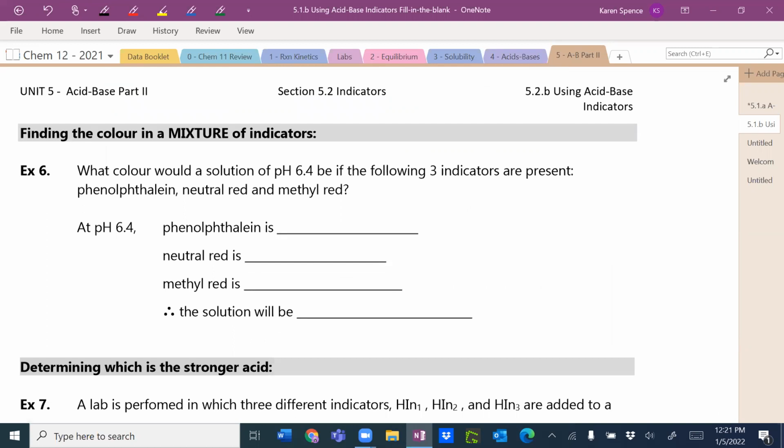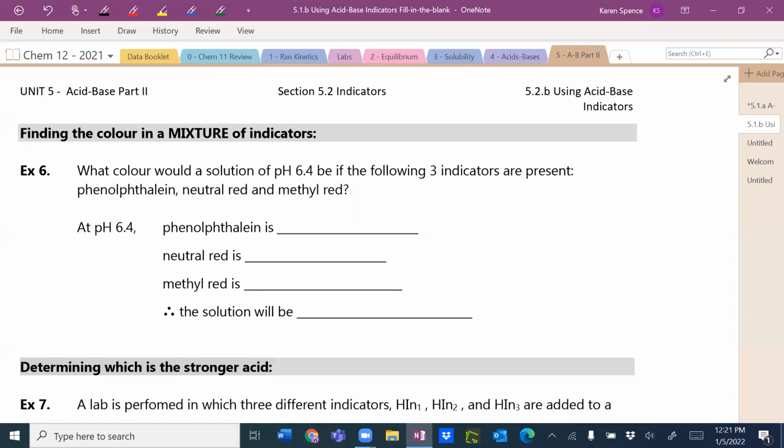Okay, finding the color of a mixture of indicators. All right, so what color would a solution of pH 6.4 be if the following indicators are present? We have phenolphthalein, neutral red, and methyl red.